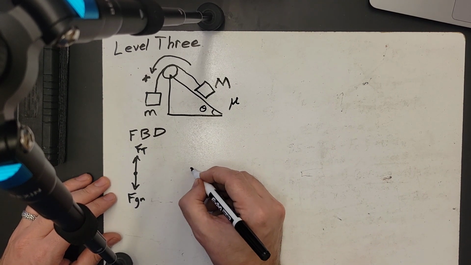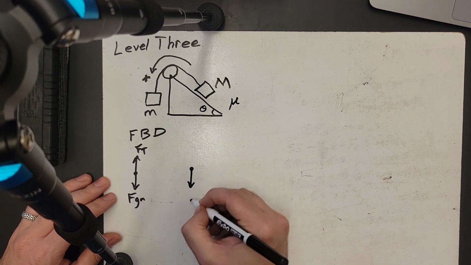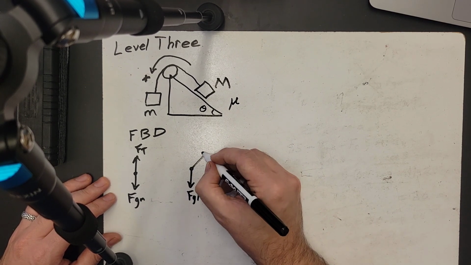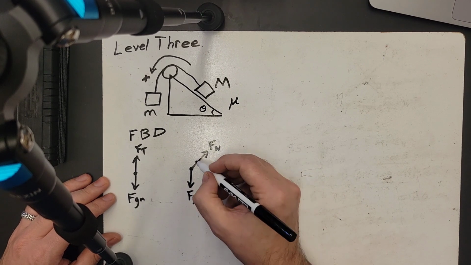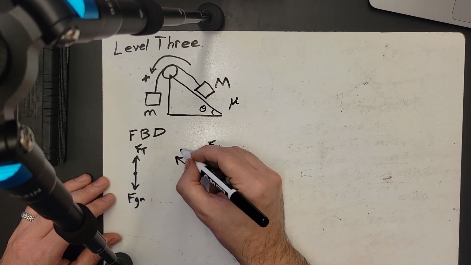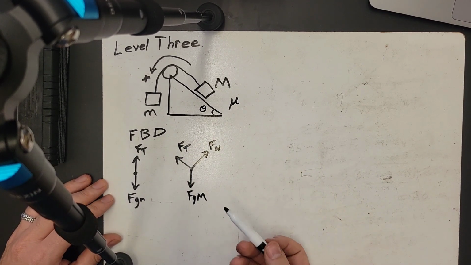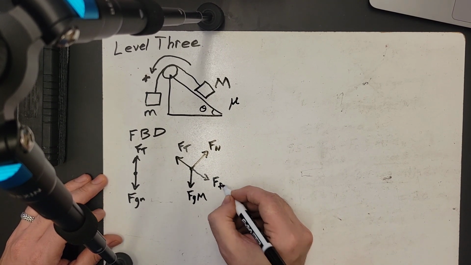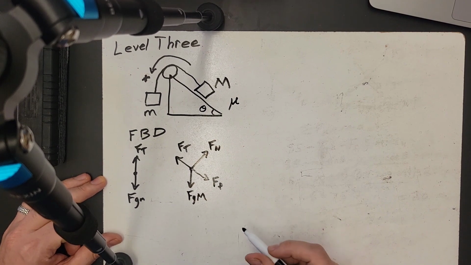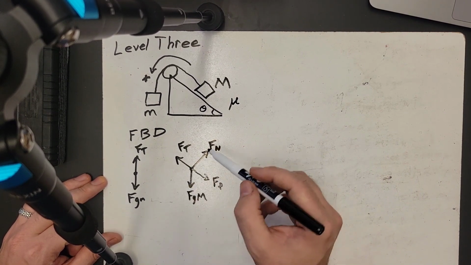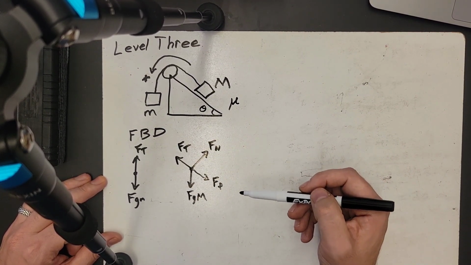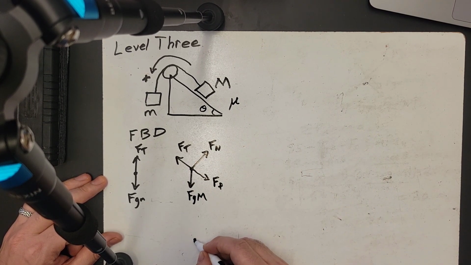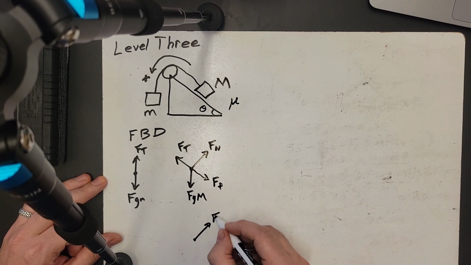And then over here, I got a force of gravity for the big M, and normal force, and tension force. And if I'm assuming it's going that way, that means friction force has to be counter that. Okay, but that's not horribly useful. So I'm going to look at this and I'm going to turn it into the more useful thing.